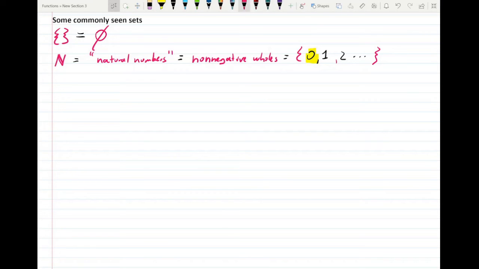Next up, we have the set called the integers, which is denoted using this Z with a bar. So this is the integers. And these guys are all the whole numbers. So pretty much the natural numbers, but you also include the negative ones.